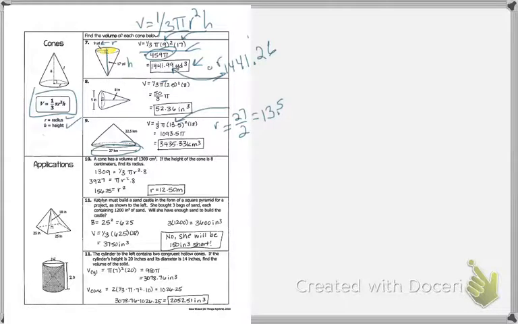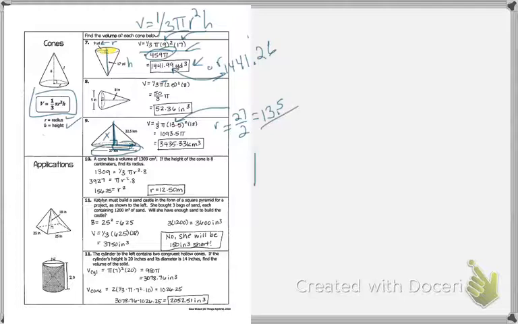But how do we get this height? Well, guess what? This is a 90-degree angle. This is what I need. And I know that from here to here, this piece right here is 13.5.